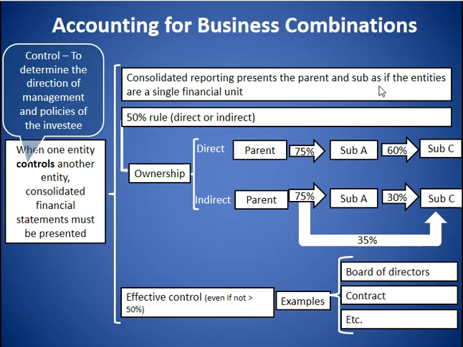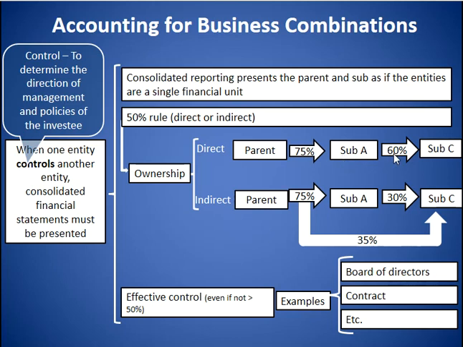If we look again at the percentage of voting stock owned, we presume that at the 50% level, we automatically control the subsidiary company. We can do that through what we call a direct method or an indirect method of ownership. Notice here under the direct method, our parent owns 75% of sub A, which means the parent controls sub A.